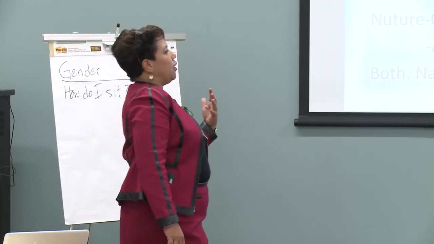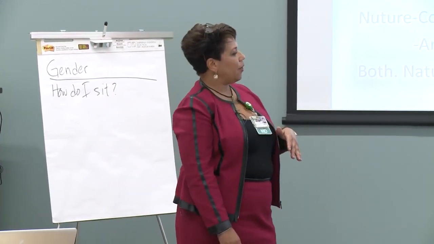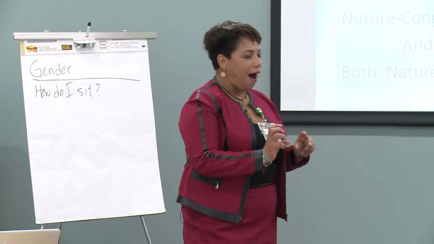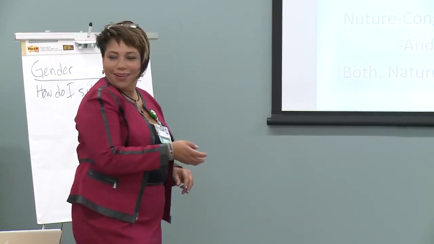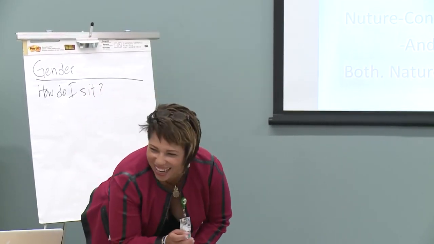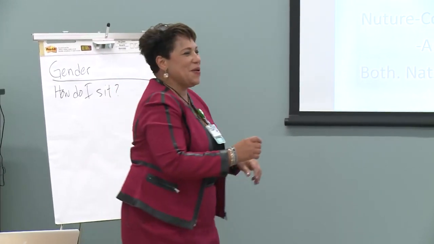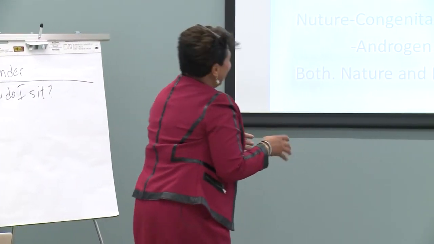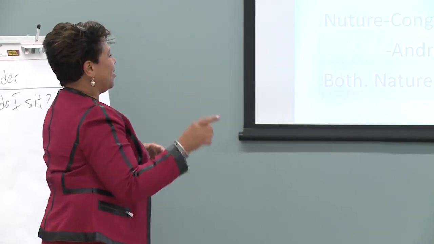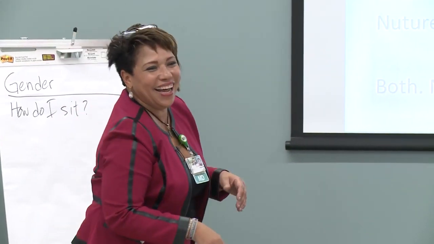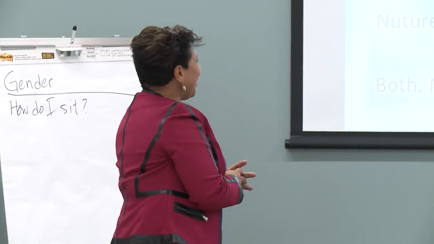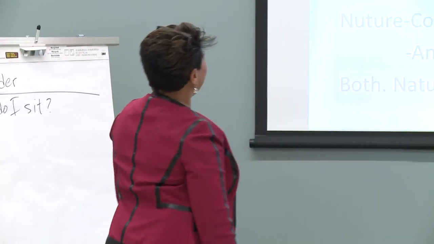What's the difference between a boy and a girl? There's a vas deferens. So that's a little scrotum squiggly part in there. Okay, the vas deferens between a boy and a girl.